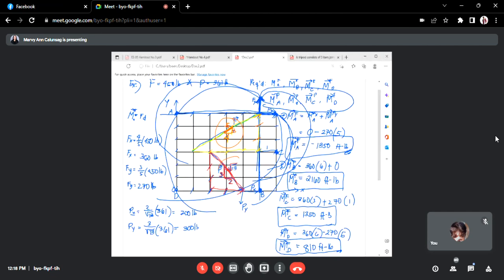About x, that is 2 over the hypotenuse. That is how you get the x component. And then the y component, 3 over the hypotenuse times the magnitude of the force.